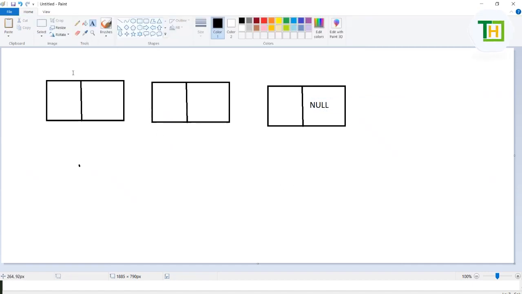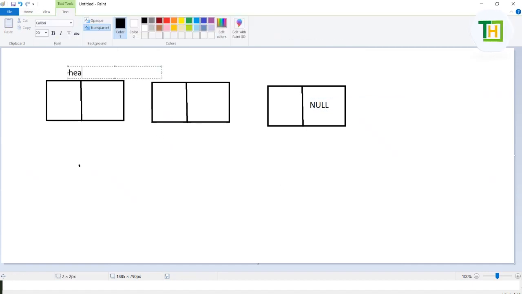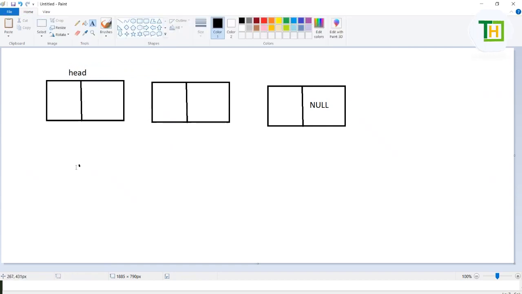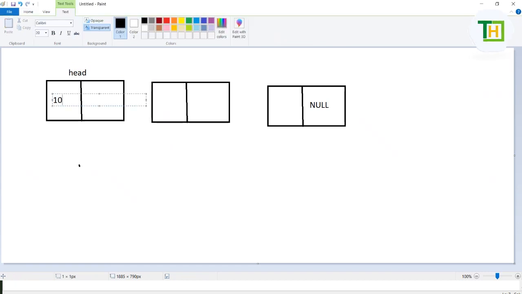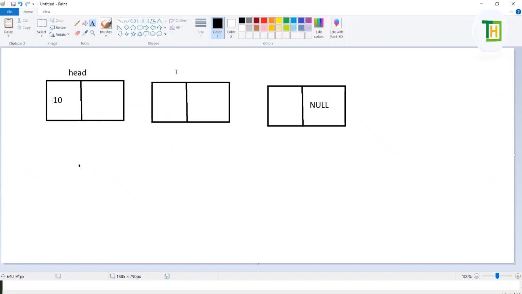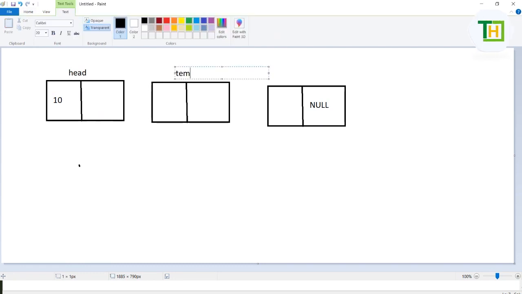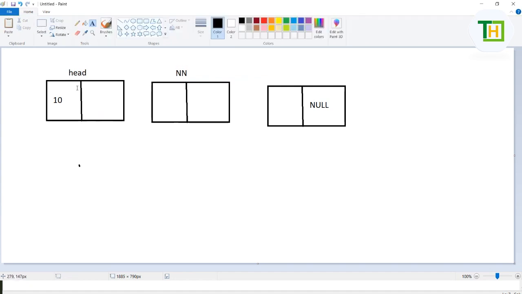And here this is going to be header, temp, for example. And here header.x is equal to 10, for example. And head.next is equal to, for example, temp is at this position, or new node is at this position. header.next is equal to new node.